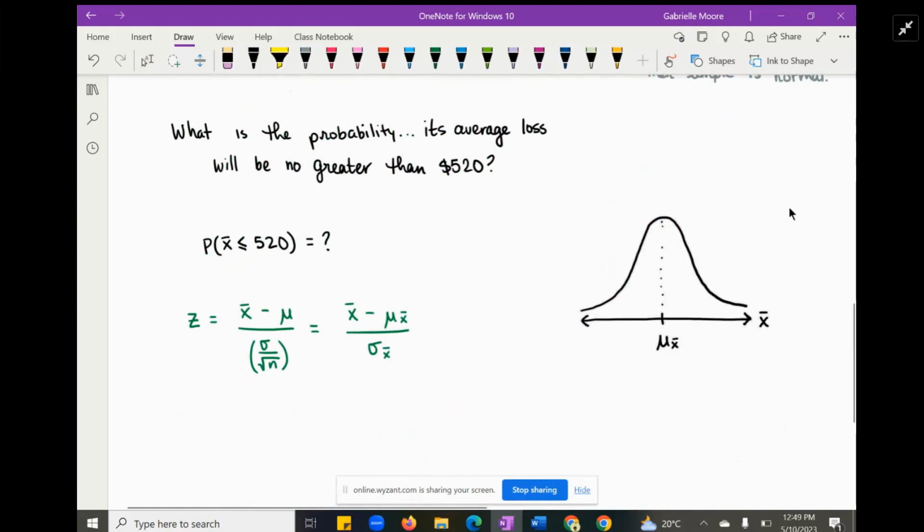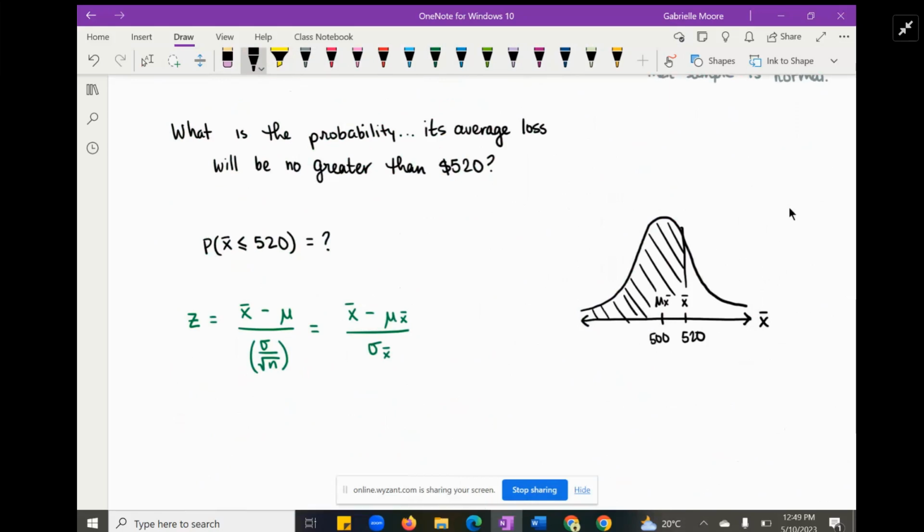Okay, make sure I can, there we go. So what I'm going to do is create the shading. So it looks like my colors are not changing, that's fine. So I'm going to replace that with 500, and here's 520 as our X bar value. And we're going to be looking for this area that I'm shading in to the left.